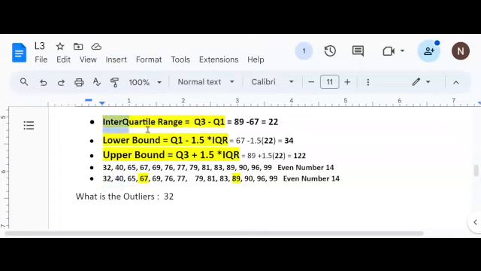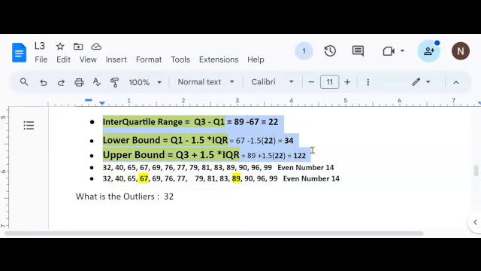Let's say for example we don't have this information. Which one is the outlier here? It means out of the limits, out of the range of the data, that you will not use.